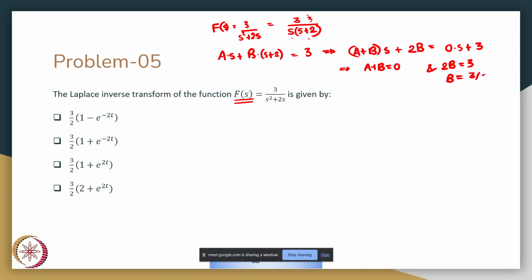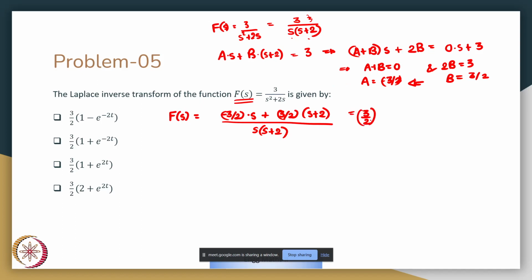So b equals 3 by 2, which means a equals minus 3 by 2. So my function capital F of s looks like minus 3 by 2 into s plus 3 by 2 into s plus 2 upon s into s plus 2, which if you think about it is nothing but 3 by 2 times 1 by s minus 1 by s plus 2.